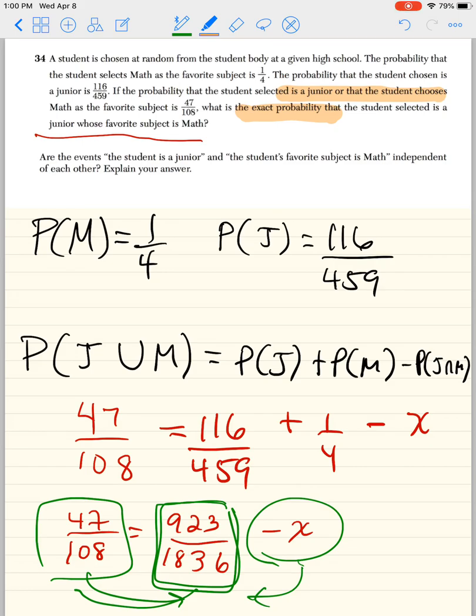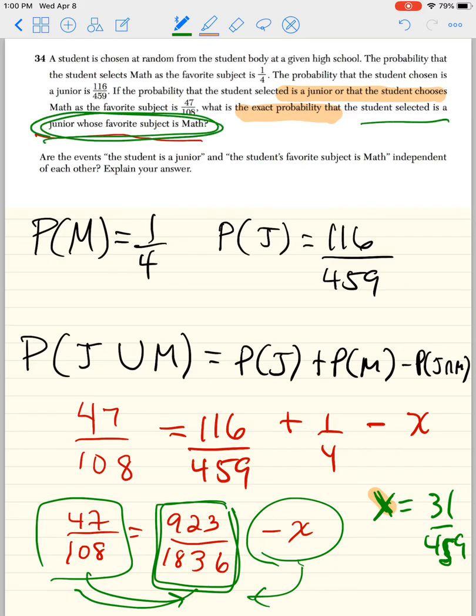And I'm going to get 31 out of 459. So let's go back to a pen. The probability of both happening, so the selected student is a junior whose favorite subject is math, is 31 out of 459.